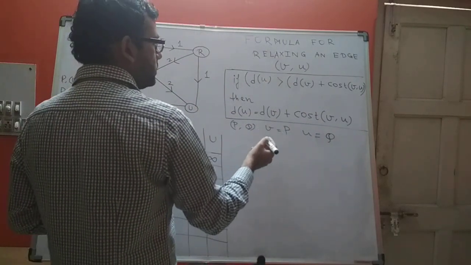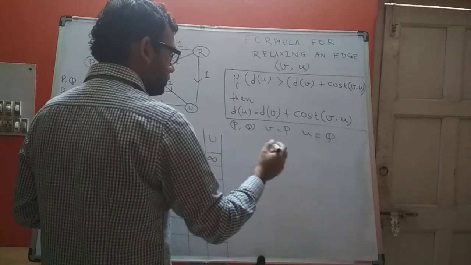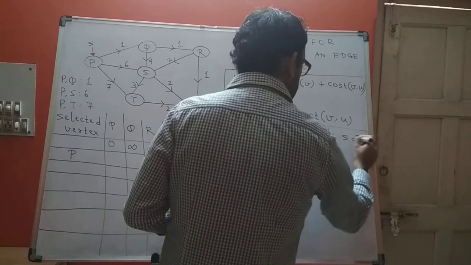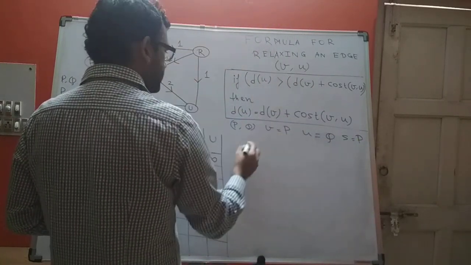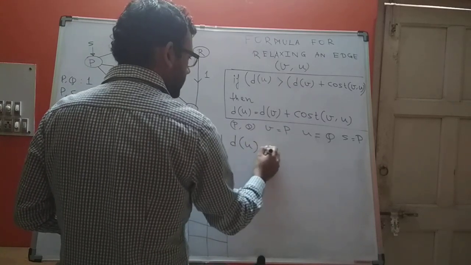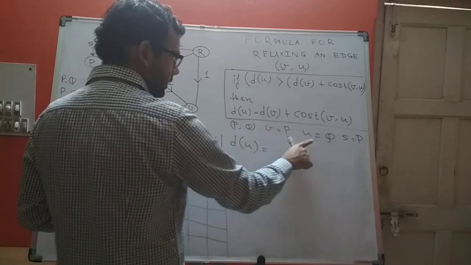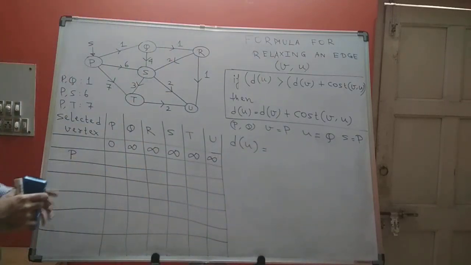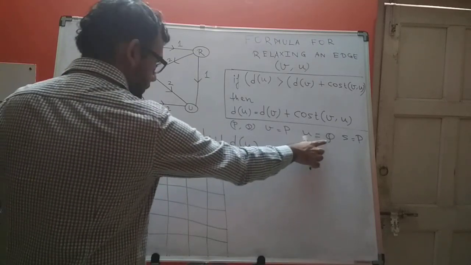Now, the next thing that I have to check is what is my source? My source remains constant. My source is always the vertex P. Now I'll calculate these distances. What is du? du denotes the distance from the source to vertex U. Which is my vertex U here? Q. What is the distance from my source, which is vertex P, to my vertex U, which is Q?